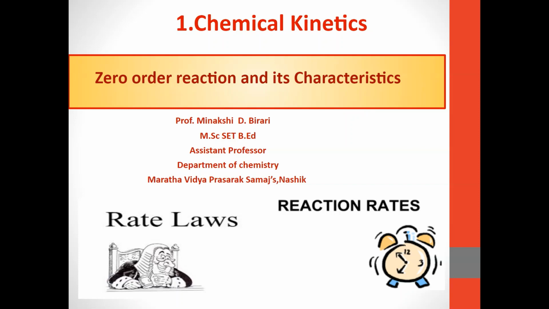So it is convenient to classify reactions according to the order of a reaction, like first order reactions, second order reactions, third order reactions, and also zero order reactions. So today we are going to learn zero order reaction and also its characteristics.